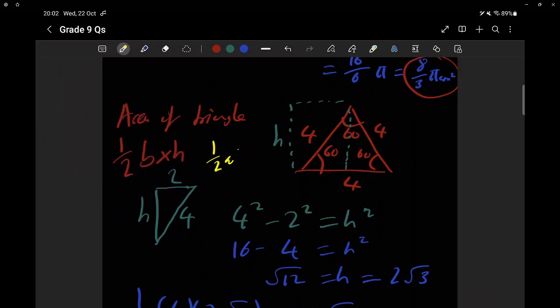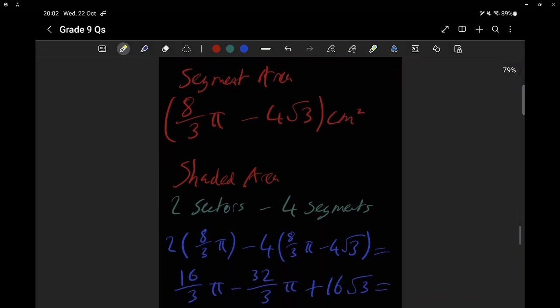Half AB sine C, where sine 60 was equal to root 3 over 2. But you'd get the same answer anyway. So all roads lead to Rome, okay? Whichever you feel more comfortable with. Personally, I prefer using Pythagoras for that. But if you know your trig rules and your trig identities and your trig values, go ahead.